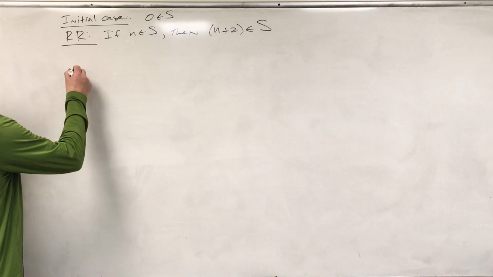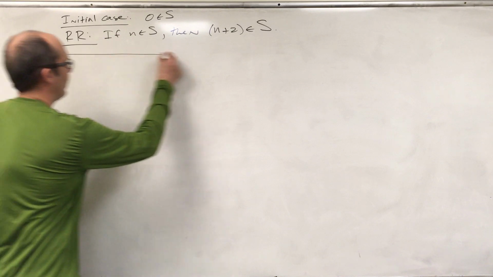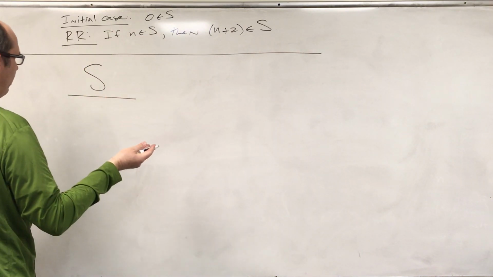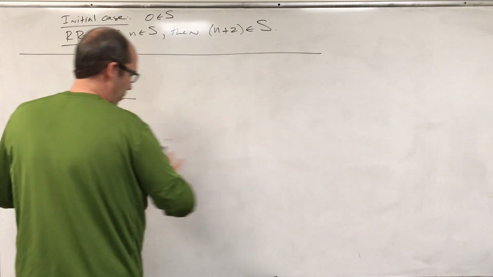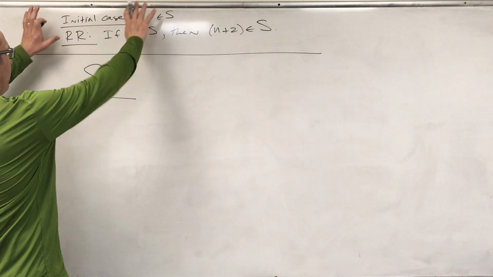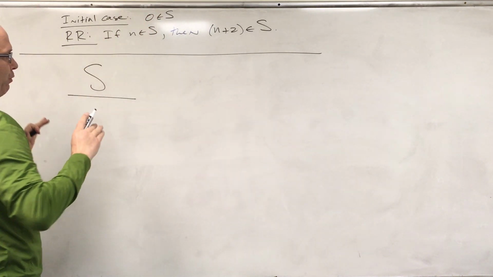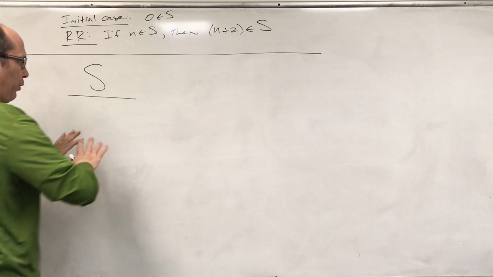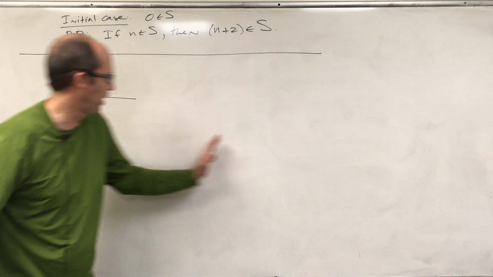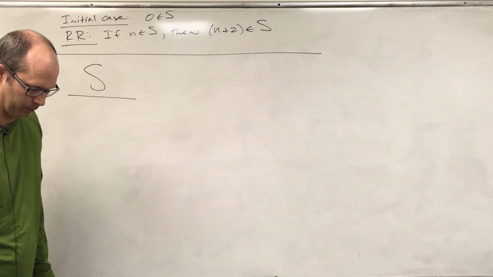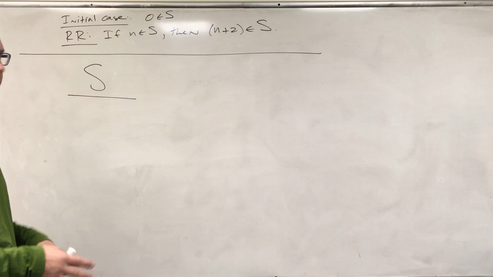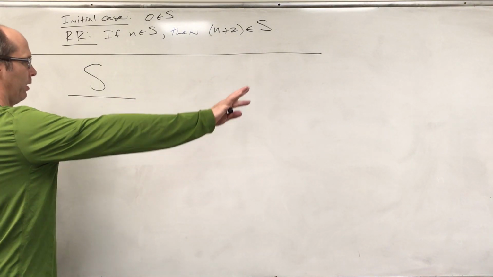Now I'll often do something like this. I'll write S, and then sort of map out how S is created using the initial case and the recursive rule. On the board here is the set S, or at least a piece of it, because it's going to be an infinite set.